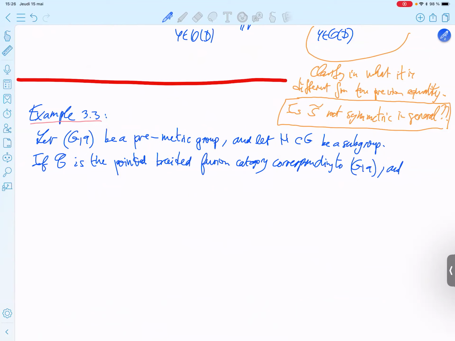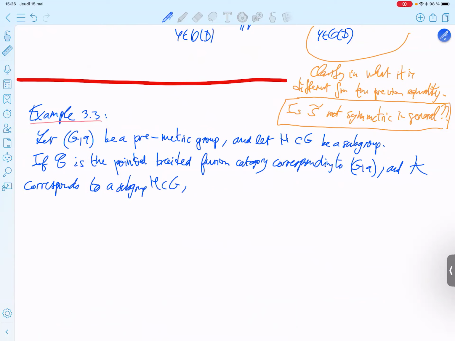And you take a fusion subcategory K corresponding to a subgroup H in G.